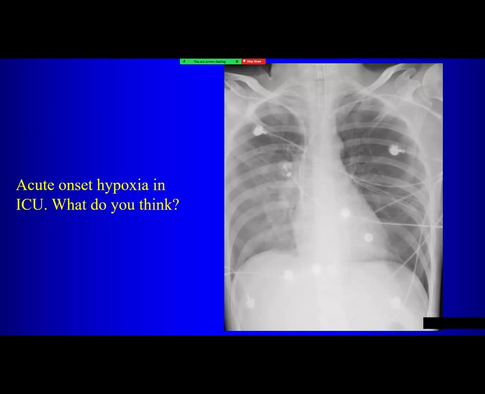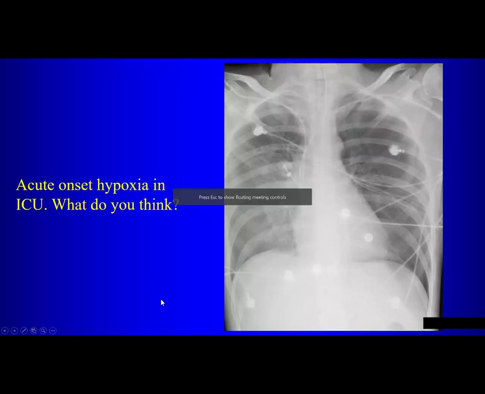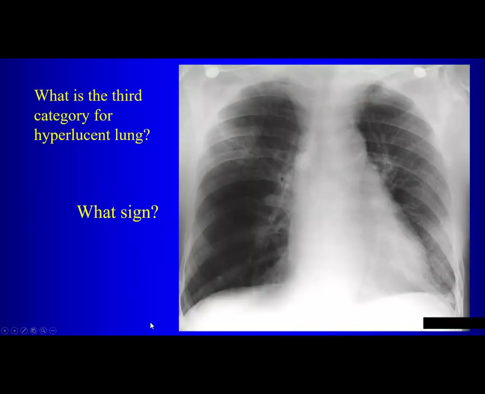So when we compare the left lung to the right lung, there is some increased lucency on the left side, but you notice an asymmetry in the sulcus, left compared to right. So what are we concerned about here? Pneumothorax. Right, so here you're concerned about pneumothorax, okay? And so when we take a close view here, you can see the deep sulcus sign and you can see the pleural line. This is an example of pneumothorax, so that's the deep sulcus sign.